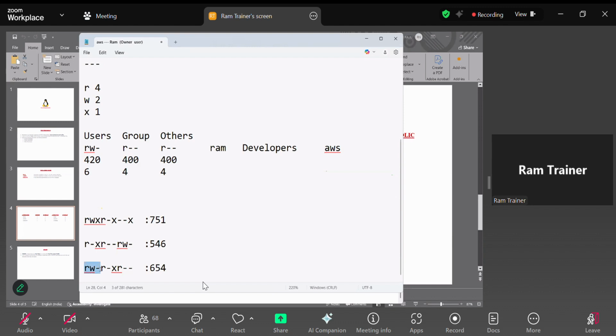Because the first three, read write hyphen, read value 4, write value 2, is just 6. Again, read hyphen x is 4 plus 1, which is 5. And the last one is read only, which is 4.